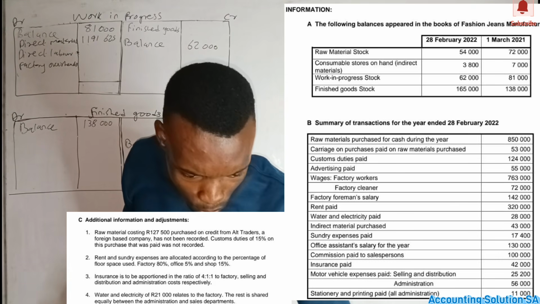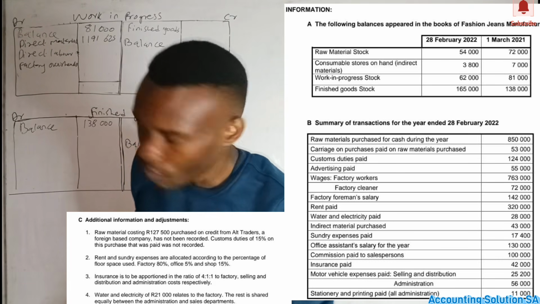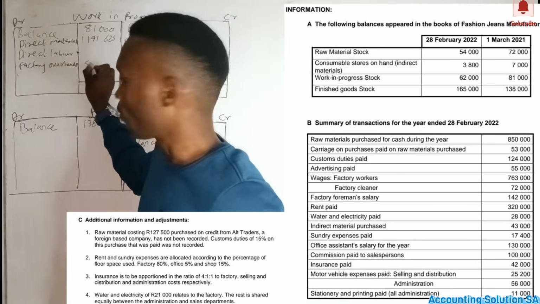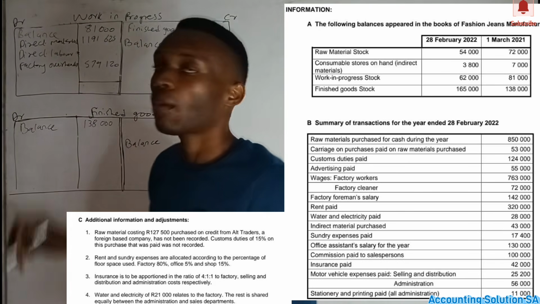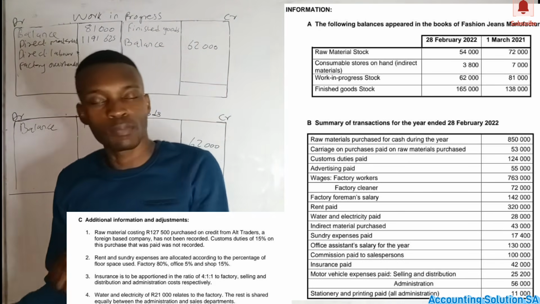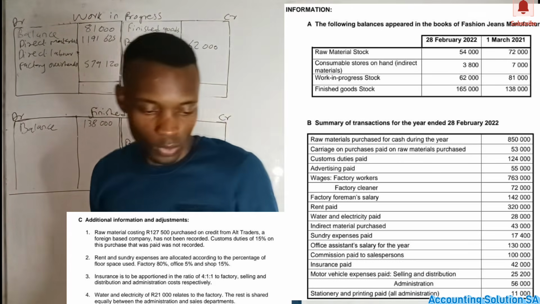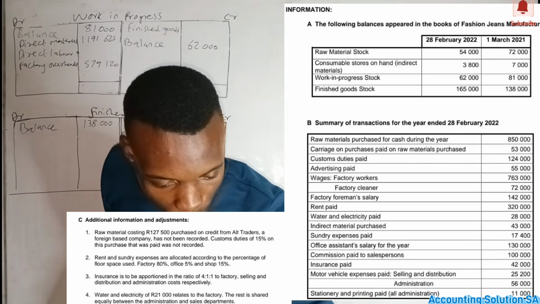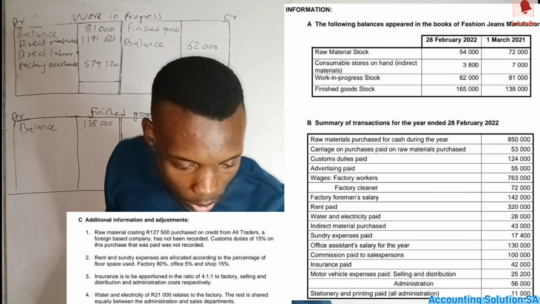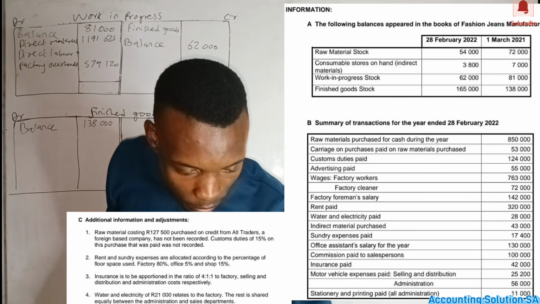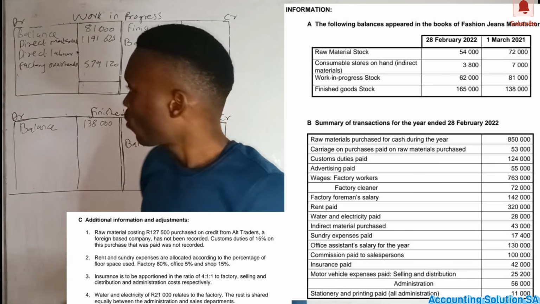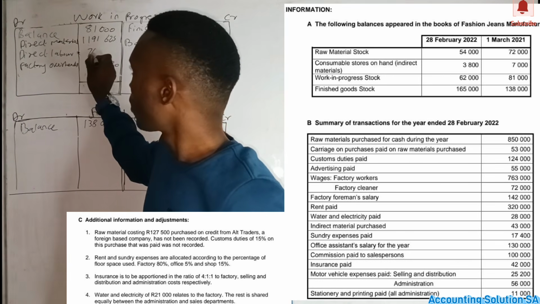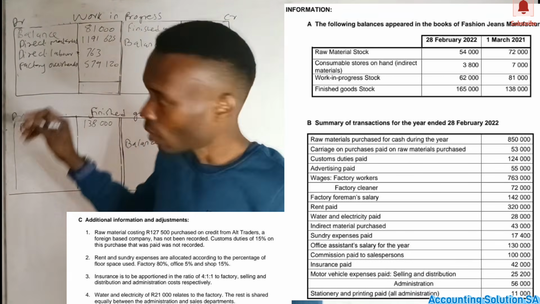Then another one that we have to transfer is fixed overheads of 579,120. This is the amount that we calculated on the previous work in progress account. Then if you check the transaction, we have factory workers, which is direct labor of 763,000.